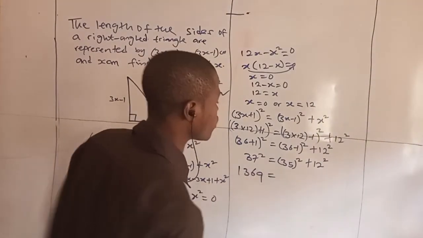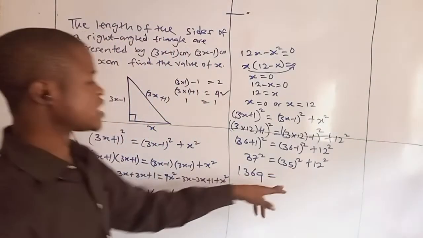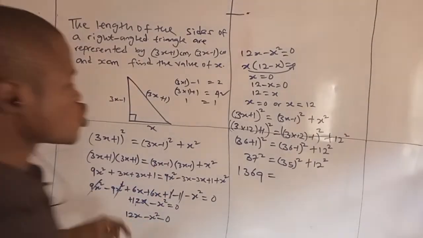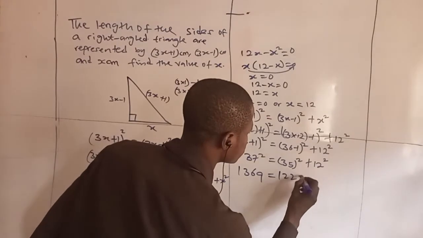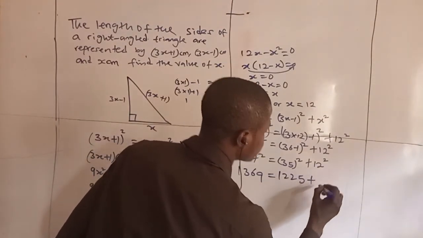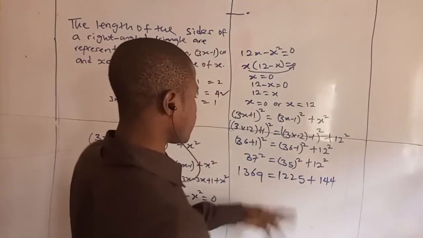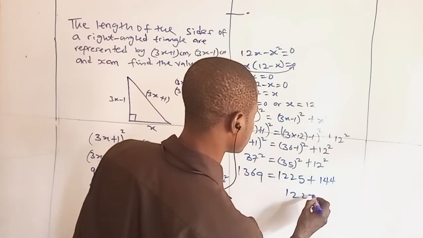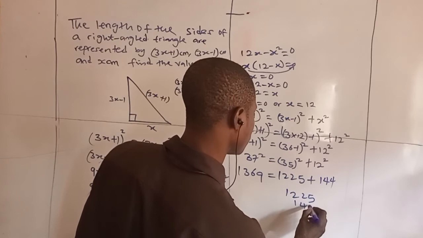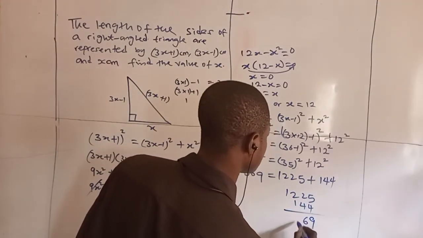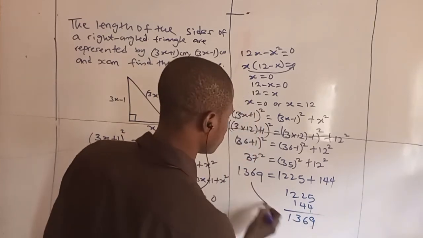This is equal to 35 squared, which gives us 1225, plus 12 squared, which gives us 144. If I add these two, 1225 plus 144, this will give me 1369.